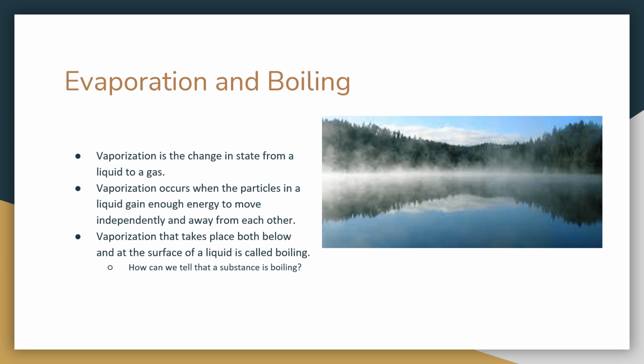So you have to have that in order for the particles to become an independent entity. Vaporization that takes place both below and at the surface of a liquid is called boiling. And how do we tell that a substance is boiling? It's normally because it shows that by bubbling.